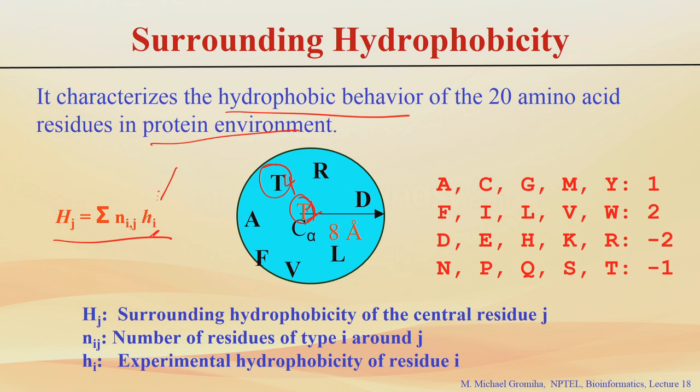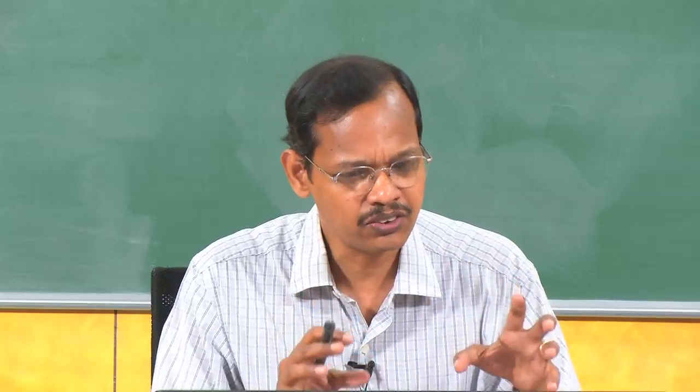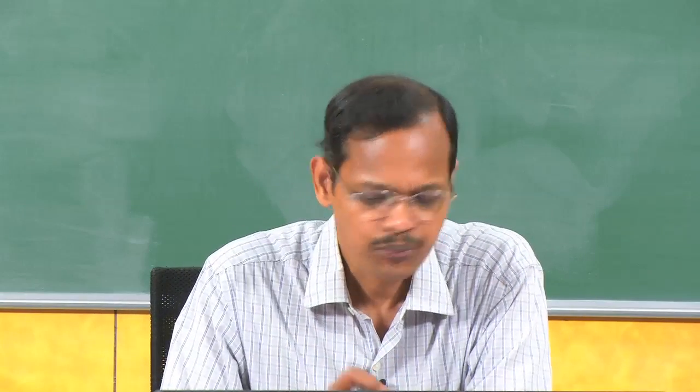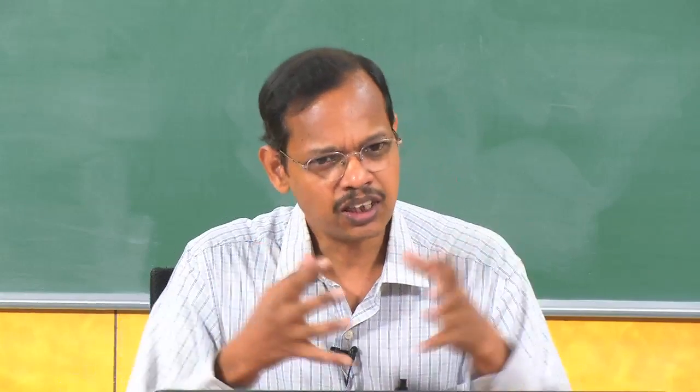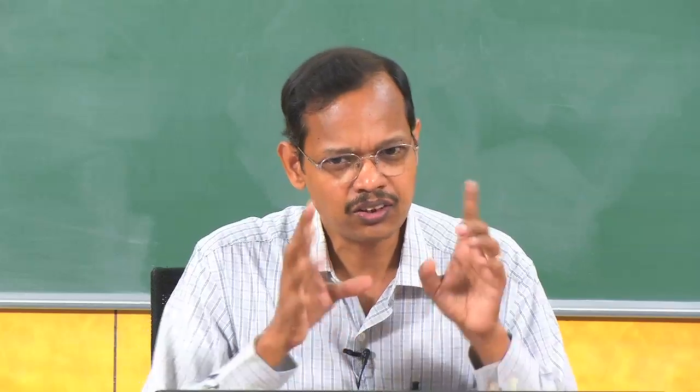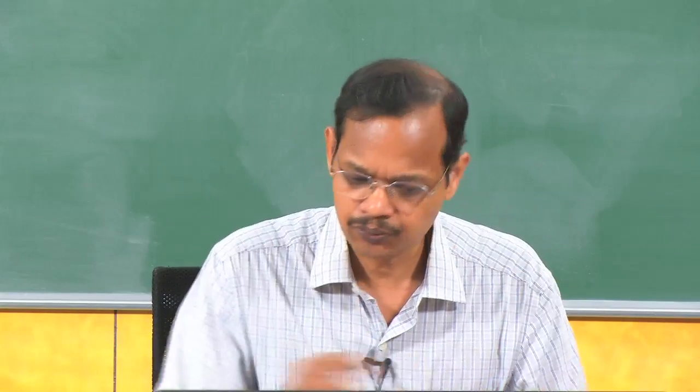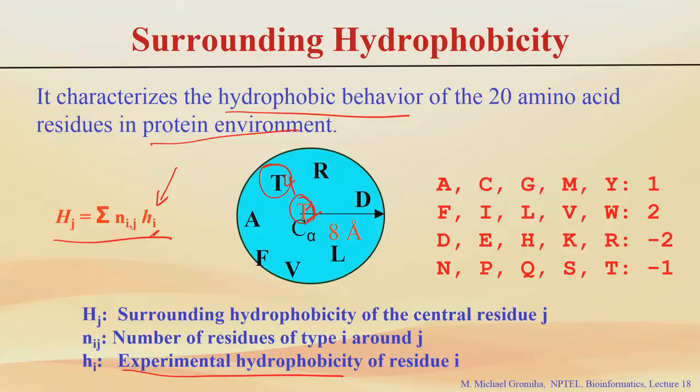This Hj we can take from the experimental value, for example the octanol experiments or the ethanol experiments, and then see the neighboring or surrounding residues from the 3D structures. So here we combine the experimental data plus the location of each residue in the environment. For example, we take 8 angstrom and locate the residues which are within the limit of 8 angstrom.